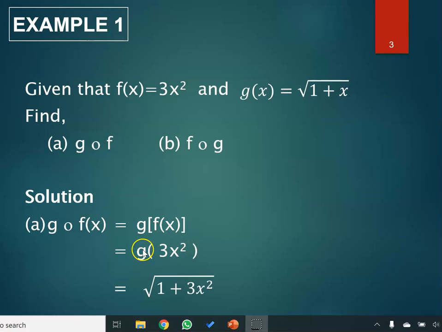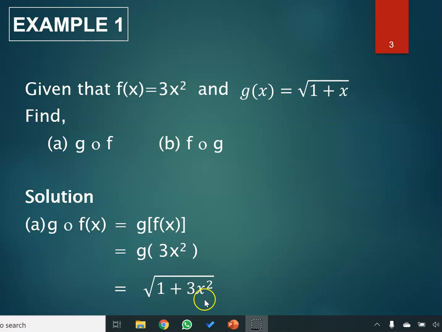So what is your g? Your g is actually square root of 1 plus x. So you have x over here that we're going to substitute with the function of fx. So it's no longer x. You're going to substitute this x with 3x squared. So you got this. Square root of 1 plus 3x squared, because the x previously you just substitute it with the fx.